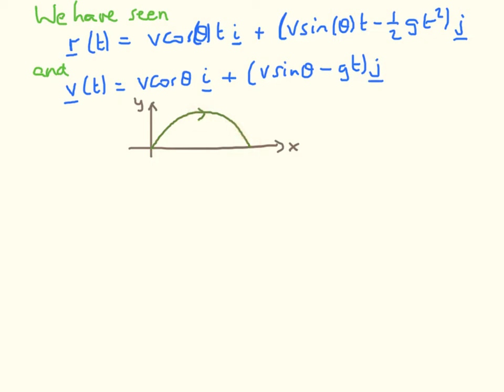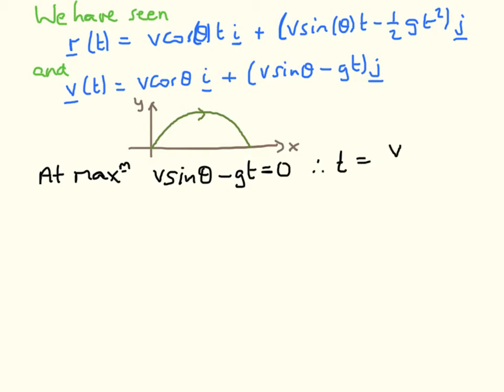So at the maximum height, v sine theta minus gt is equal to 0, so t is v over g sine theta.